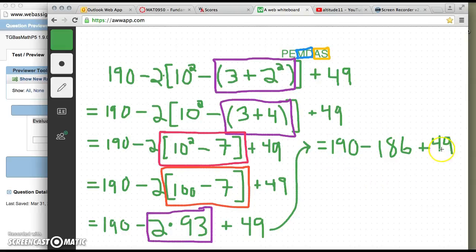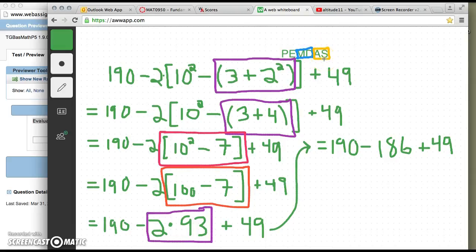Okay, so we still need to evaluate what we have left here. We no longer have parentheses. We no longer have exponents. We no longer have multiplication or division. We are now ready to perform our addition or subtraction. So remember, I put these in an orange box earlier because I was saying that they are on the same level. They're equivalent in terms of their order of operation.